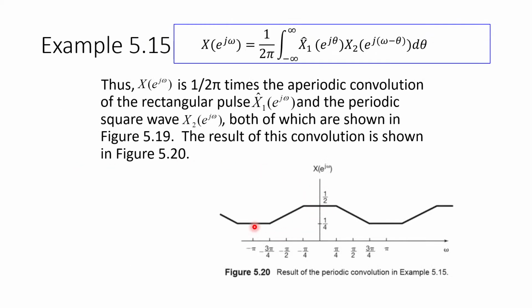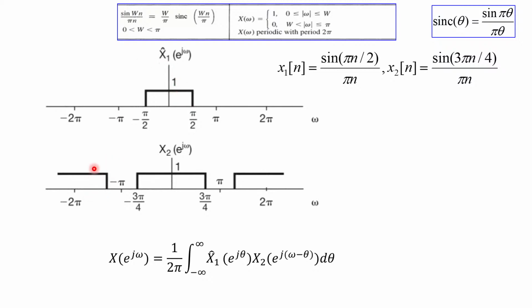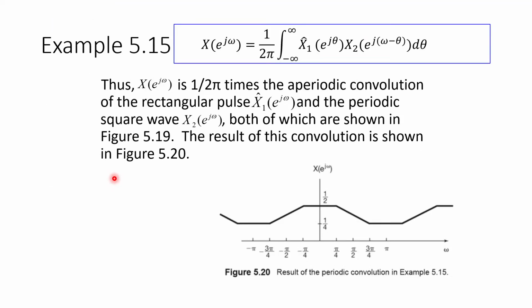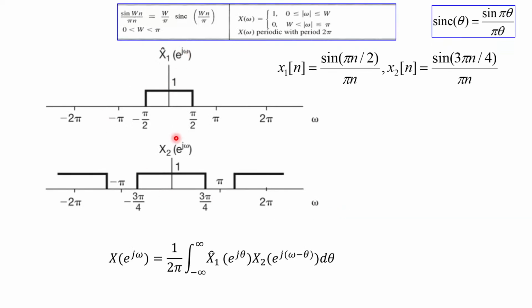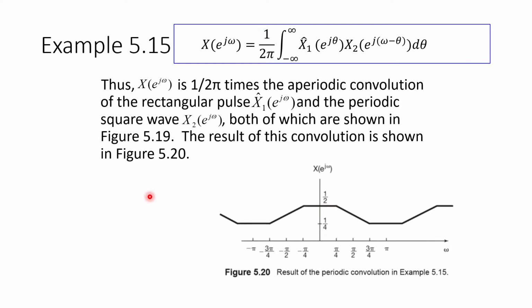And when your x1 is on this side, you get the minimum value, and that's the flat part here. And also if X1 hat and X2 totally overlap here, you get a flat part here. Okay, and so you will get really simple signals of just some straight lines together. And once again, it's periodic with period 2π.